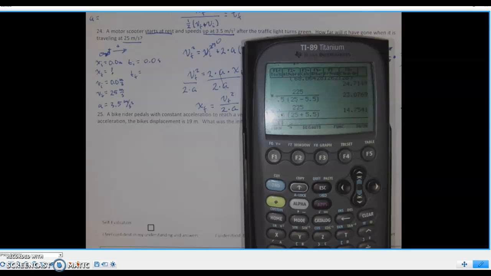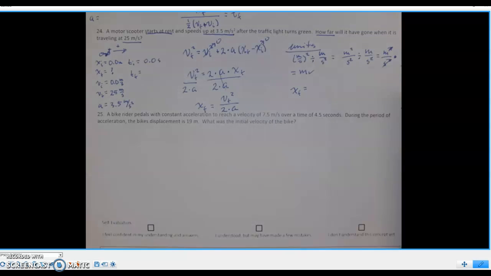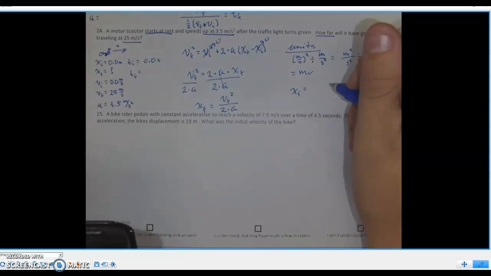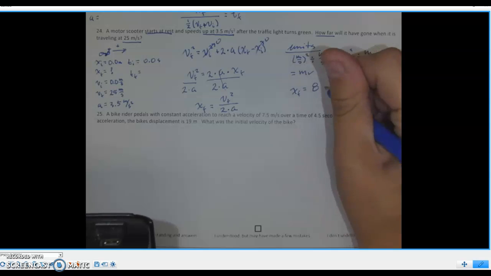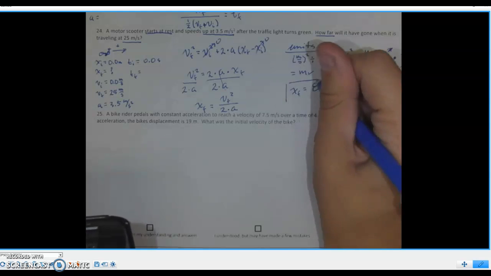Velocity final, which was 25 meters per second, divided by 2 multiplied by the acceleration, which was 3.5. Okay, 2 sig figs. So my final answer will be 2 sig figs, so that'll go 89 meters.